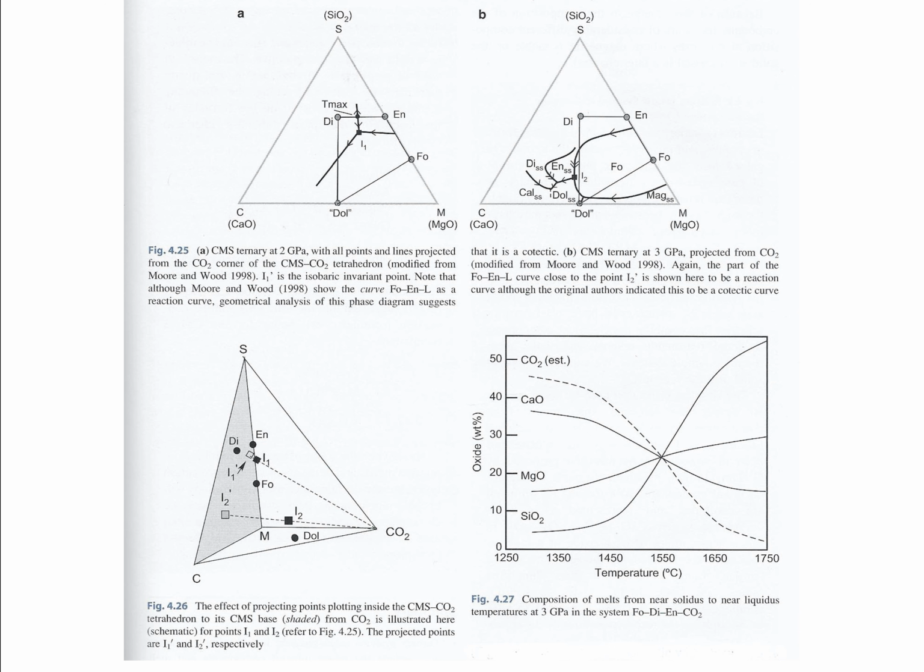There you are using a quaternary system because it is projected from CO2, that means to the fourth point. So, and here we have the projection from CO2 into this system, and therefore we have these four curves.